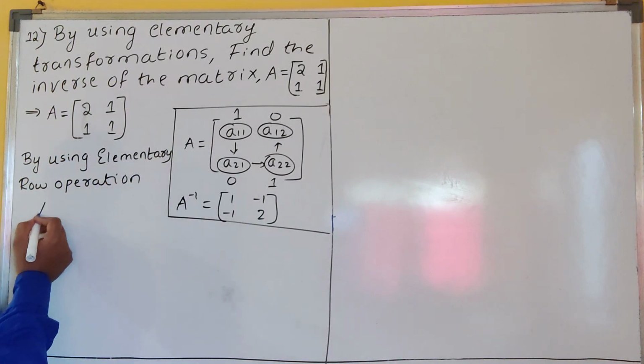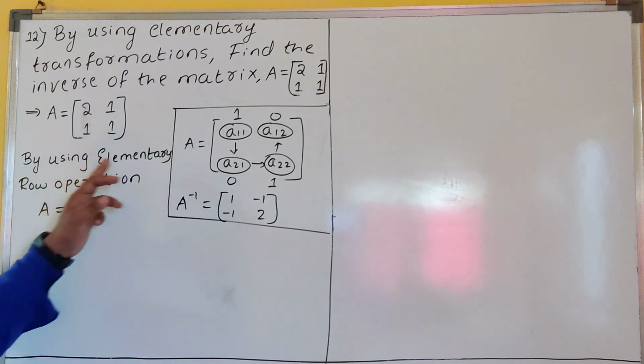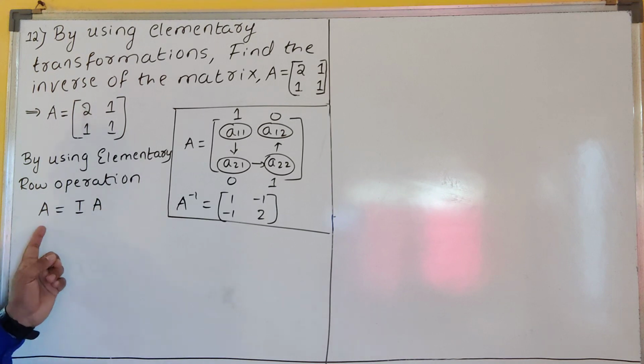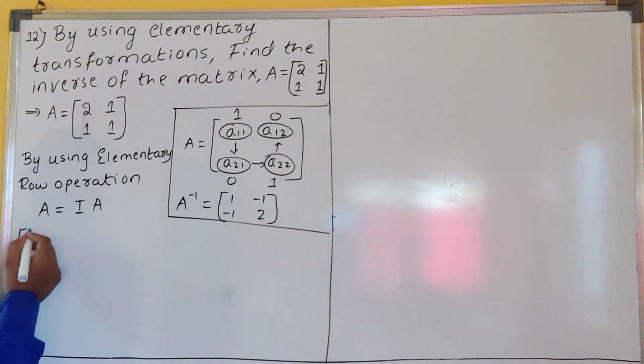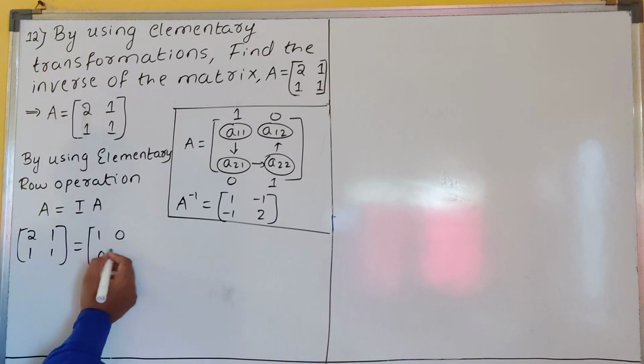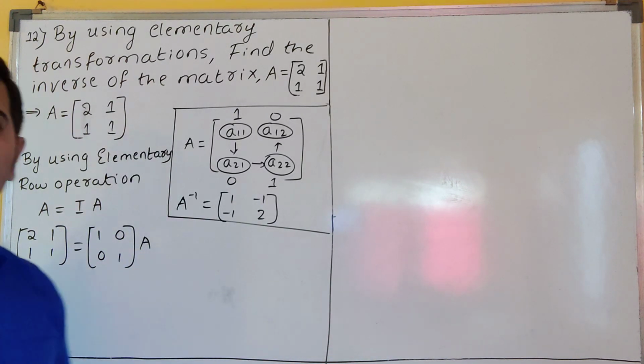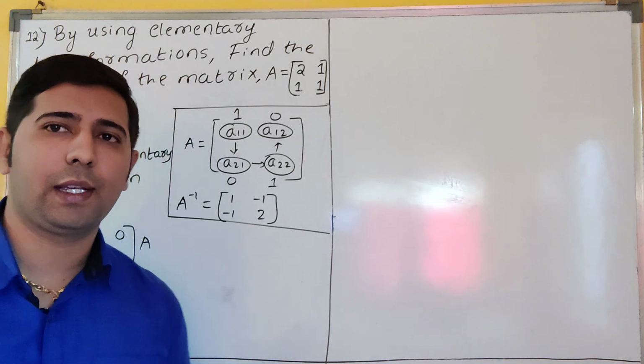So we have to write A is equal to I into A. By using elementary row operation means A is equal to IA you have to write. A is what, dear students? That is 2 1 1 1. I is what? 1 0 0 1 into A. Clear? This is your elementary row operation, dear students.